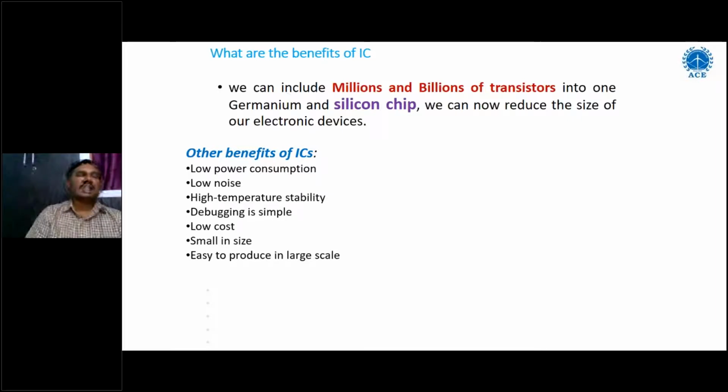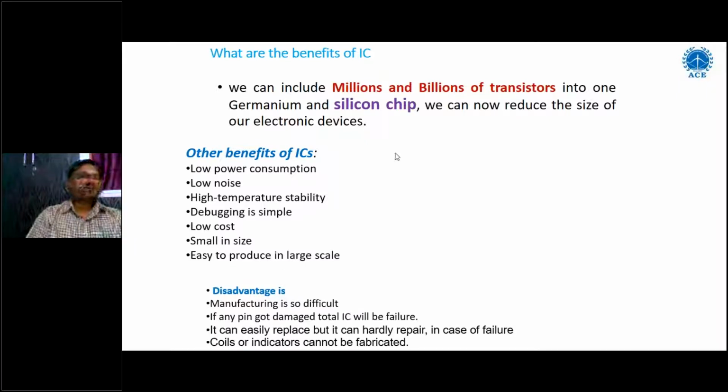So that's why they have designed, they have converted this circuit diagram.